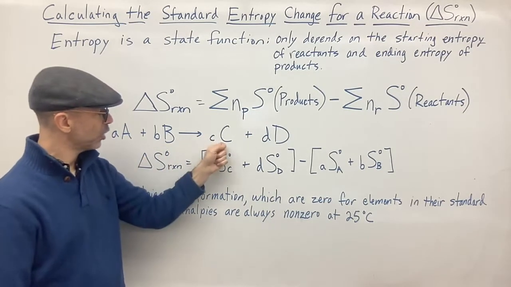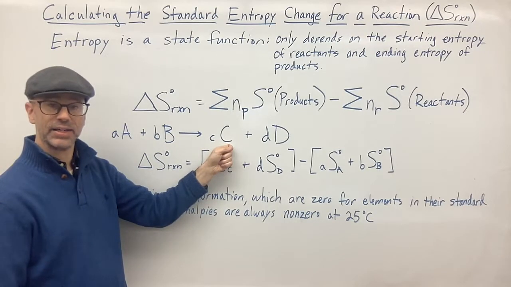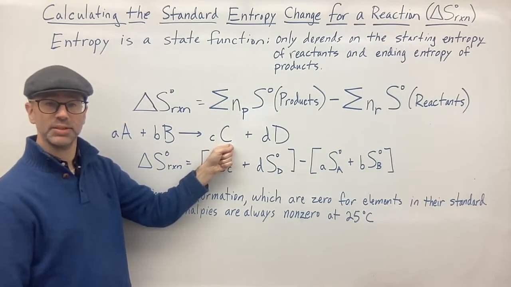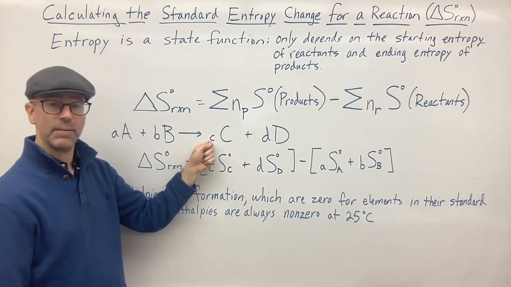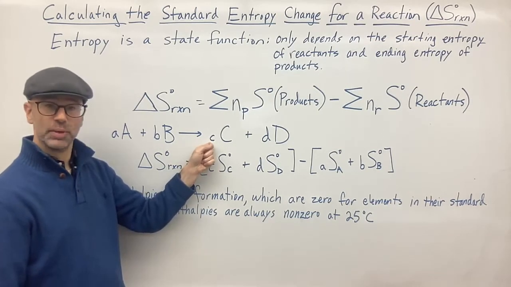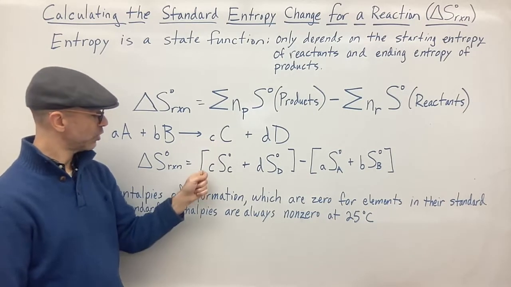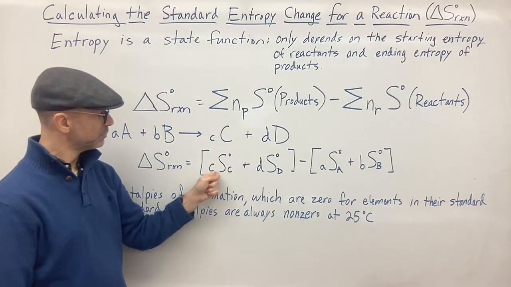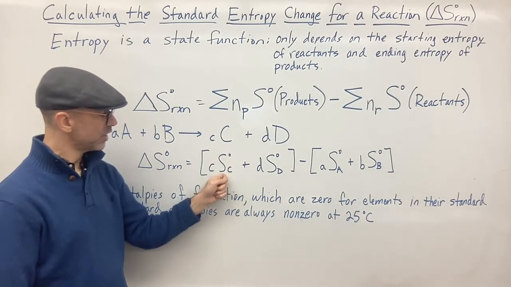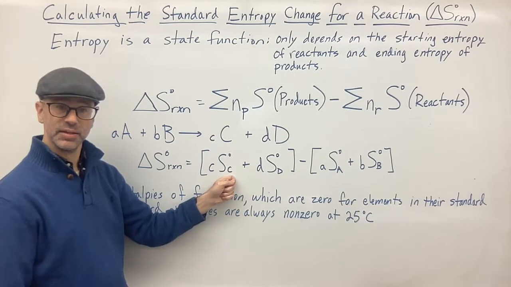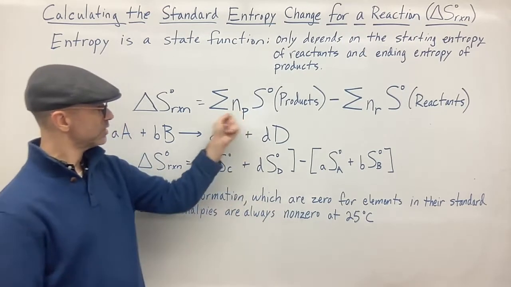So I have the coefficient small c for this product. I'm going to look up the standard entropy of substance C, and multiply that by its stoichiometric coefficient in the balanced equation. So it's c times the standard entropy of substance C. And I'm going to add to that. That's what the sum means here.